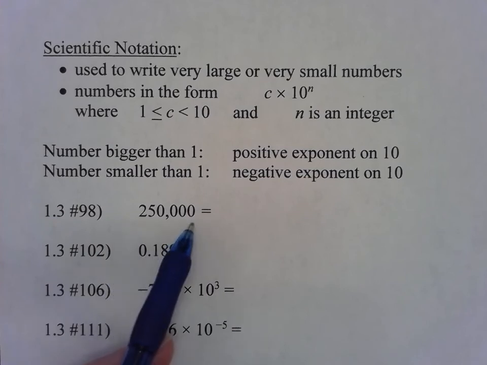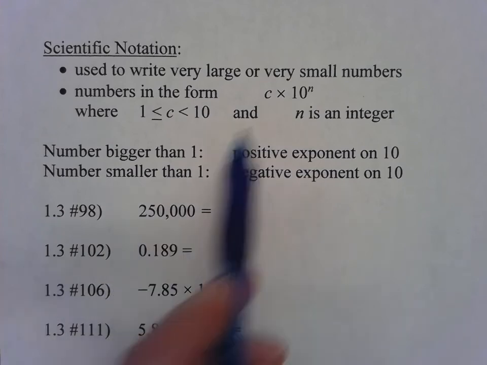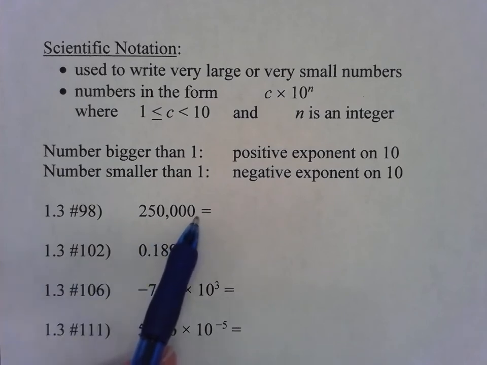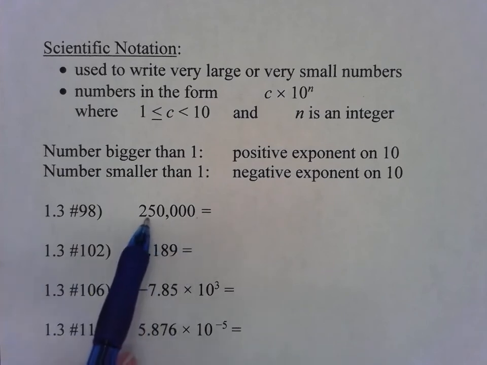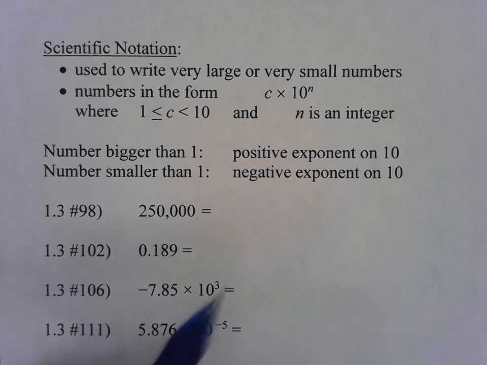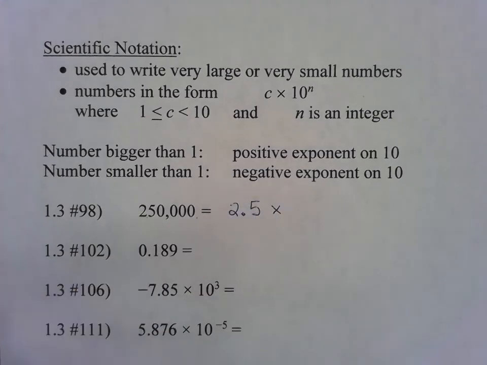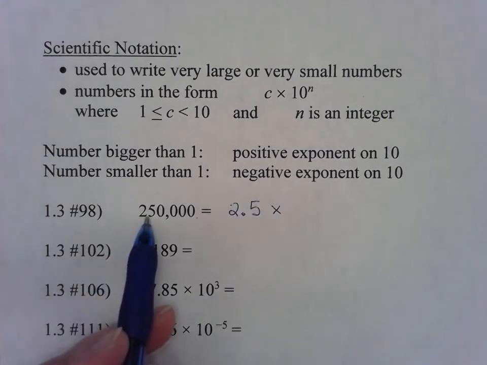So 250,000, right? The C, remember we said, is going to move the decimal. Currently it's right here. We're going to put the decimal so that there's 1 digit in front, which would be between the 2 and the 5. But we're not changing the number at all, right?